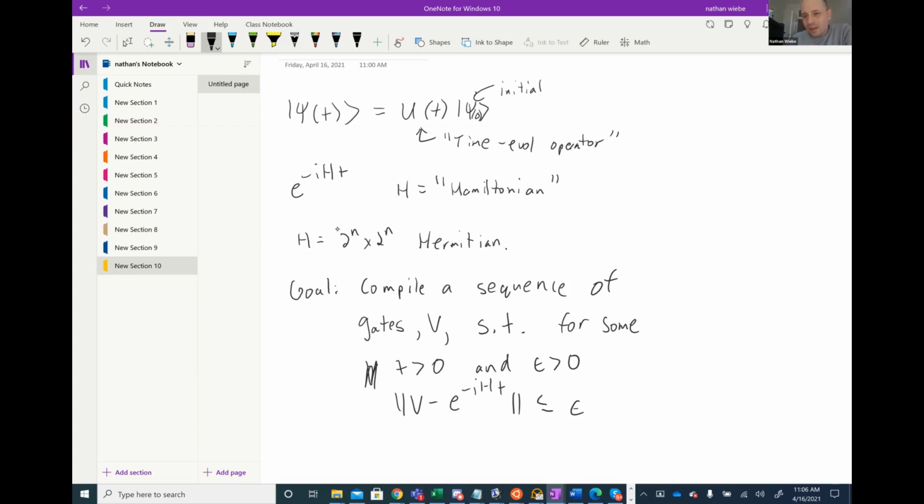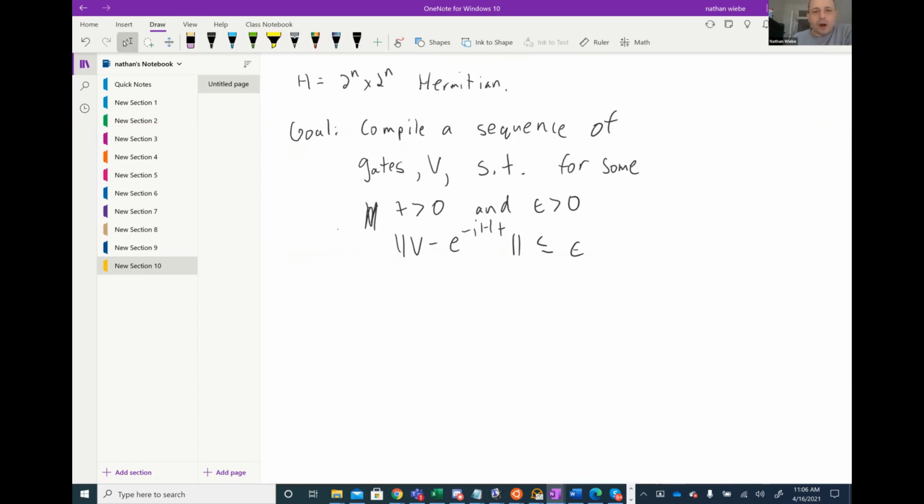So the basic idea is that we've got our unitary dynamics, which is described by e to the minus iHt, and we really want to break this into a sequence of gates. Schematically, we have psi of 0 over here, and this is the natural evolution, e to the minus iHt, carrying through to a state psi of t.